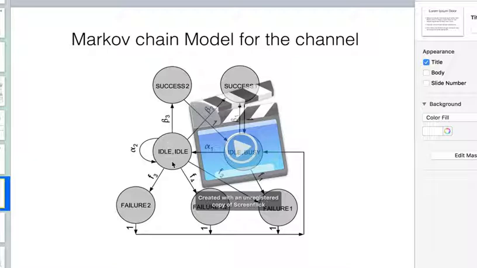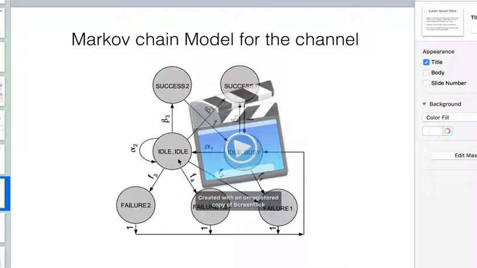For example, when only one class 1 node transmits while all remaining nodes abstain, we go to the success 1 state. Or when only one class 2 node begins transmission in the current backoff slot, and the other nodes don't, we go to the success 2 state.